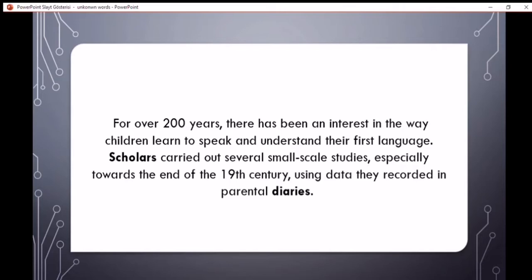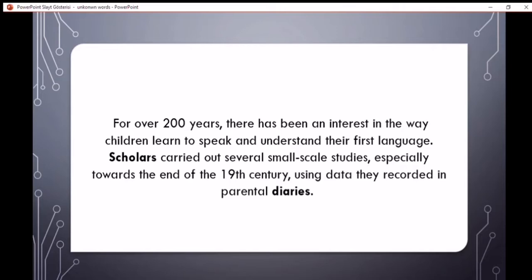Moving on to diaries. Scholars carried out several small-scale studies, especially towards the end of the 19th century, using data they recorded in parental diaries. Now, diary normally means journal, yes. It means the notebook that people keep their feelings written in, or the things that happen to them every day.